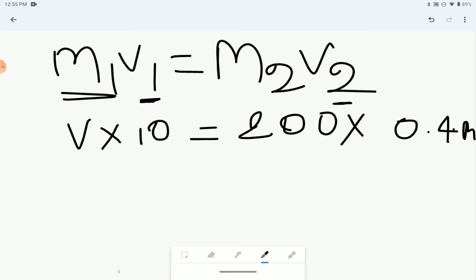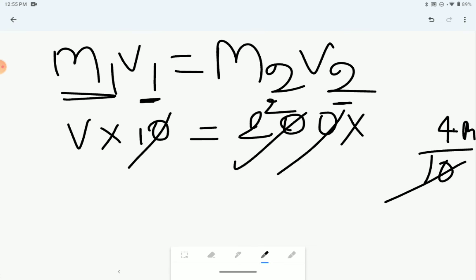Now here 10 cancels out, and we can write this as 4 by 10, right? Which becomes v equal to 8.